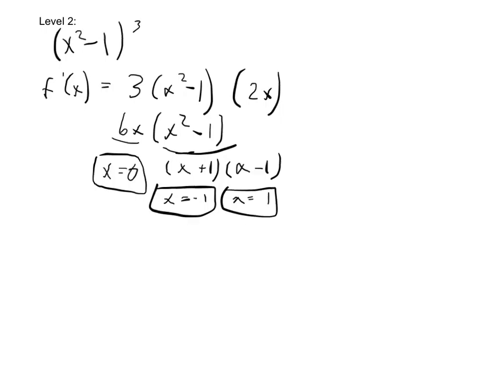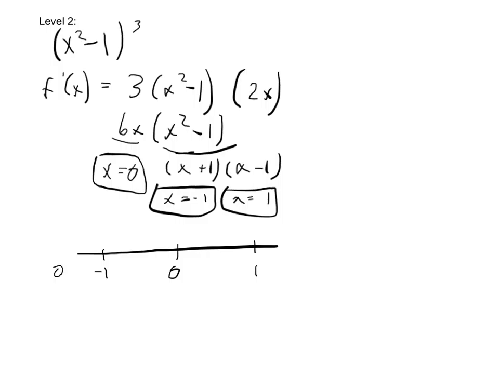Okay, so once you're up to this point, we're basically at the point where we have to plug in the numbers at the intervals. So the critical numbers here are -1, 0, and 1. So the intervals that we're going to have to find, there are 4 intervals, which are going to be -∞ to -1.